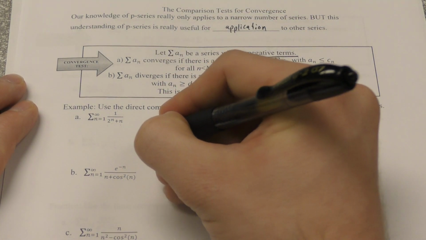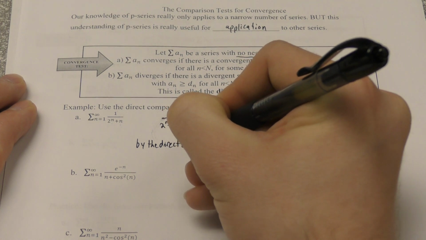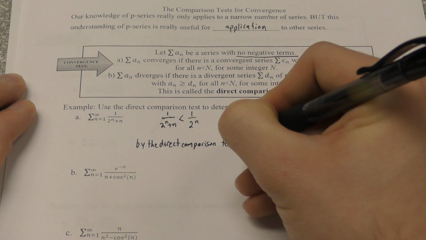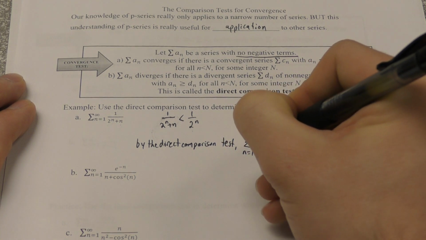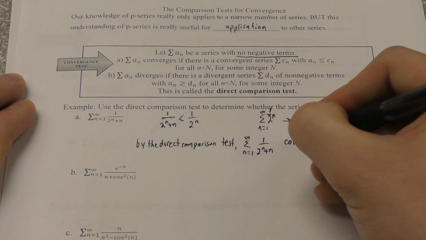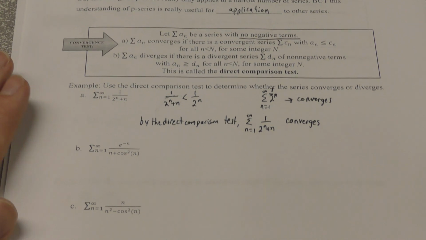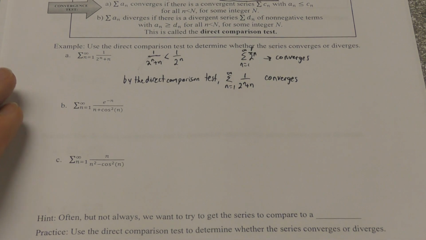So I can say by the direct comparison test, the sum from n equals 1 to infinity of 1 over 2 to the n plus n converges. Interesting. So let's take a look at the next one.